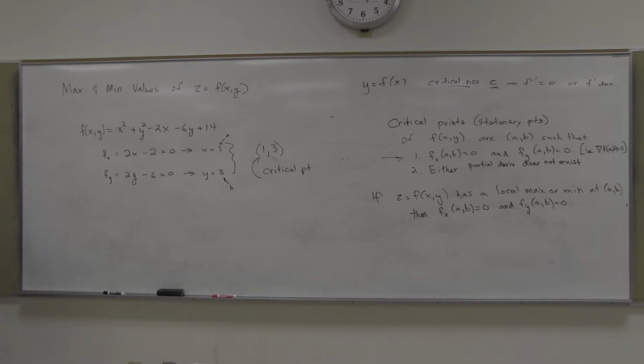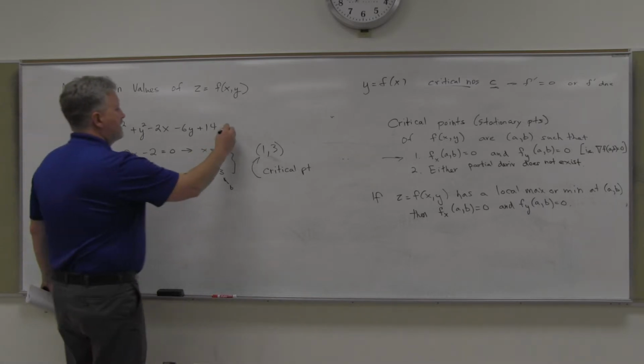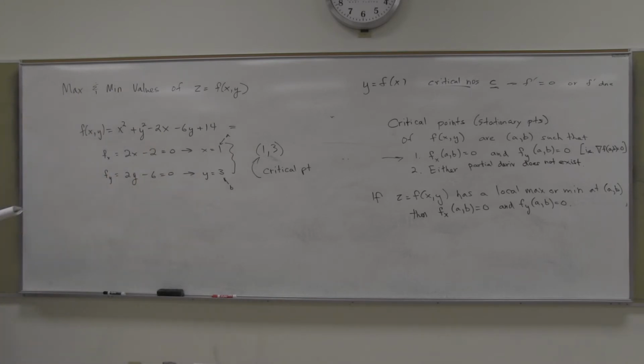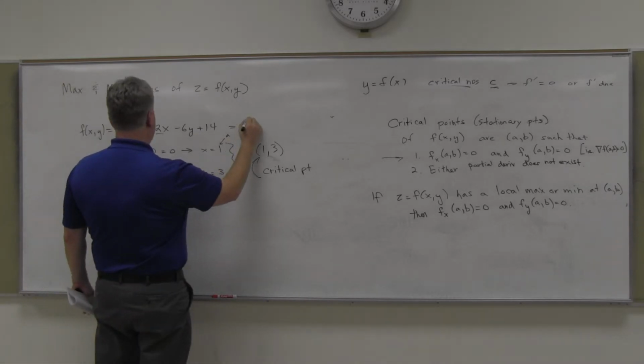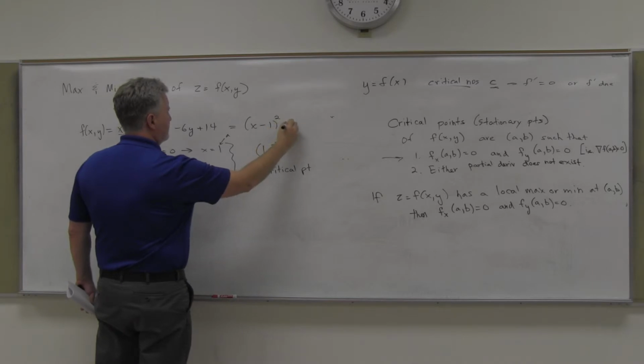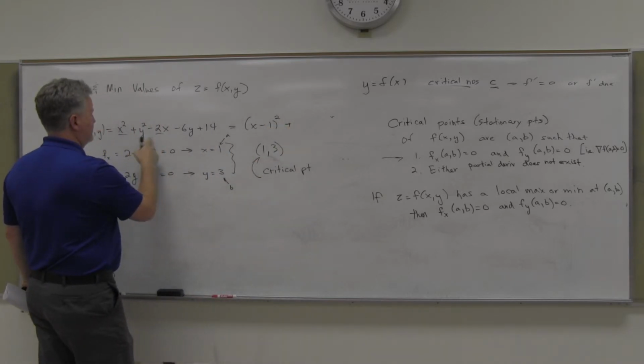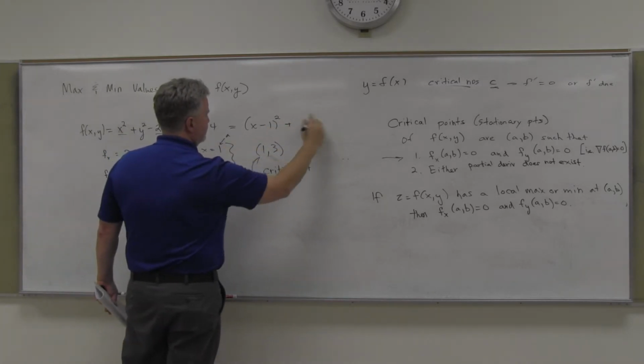In this particular case, what you get, if you graph this thing, well, let's do this first. Let me transform this equation here. Let's complete the square on the x's and then on the y's. Here's the (x minus 1) squared, and then (y minus 3) squared.